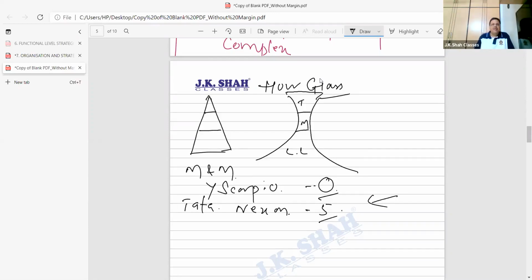So he called the directors of Tata Steel. Hey, kya kiya? Why the hell is this happening? The directors couldn't give a proper reply. Ratan Tata wanted to know from the directors of Tata Steel, why the hell are you doing this?